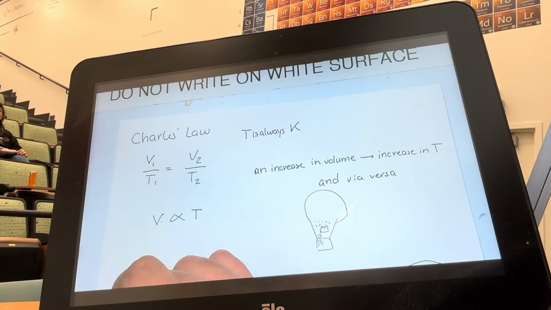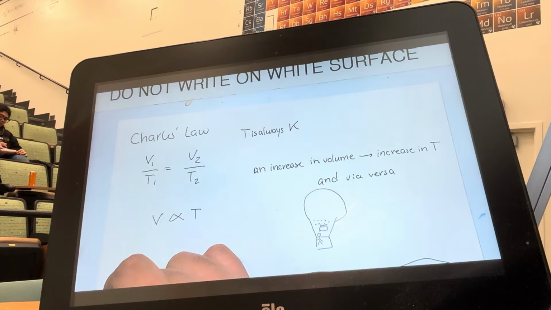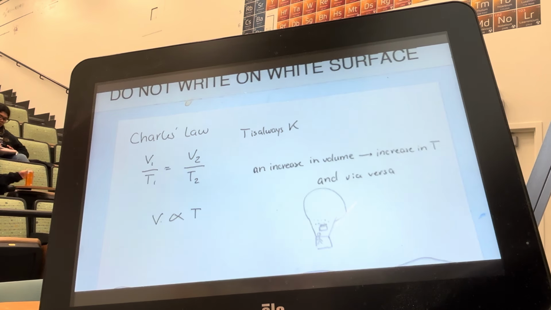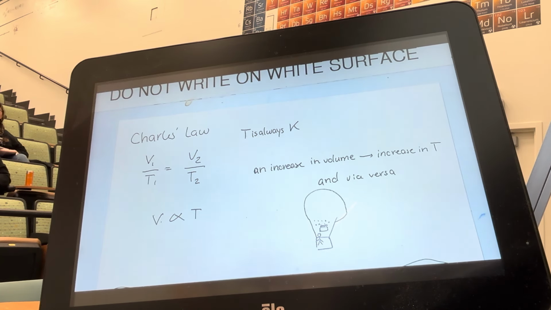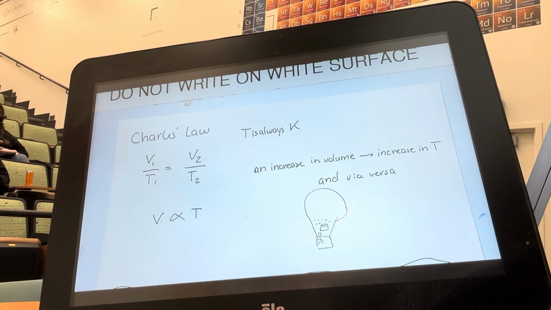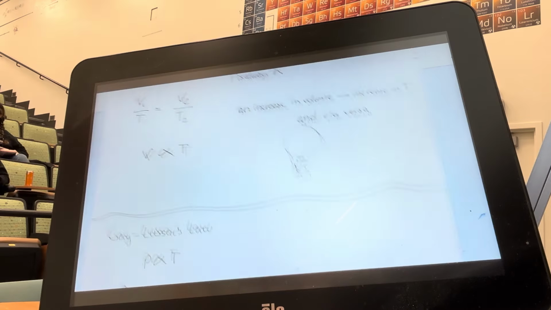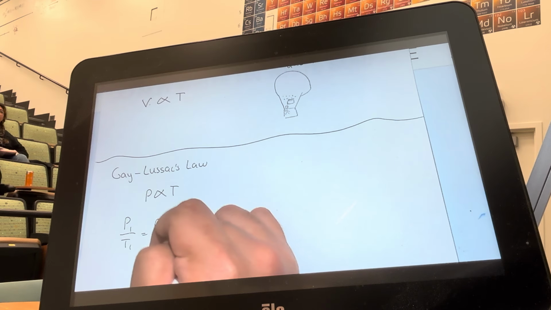And then after this gas law, there's another gas law. There's 4 of them. You have Gay-Lussac's law. This one says that the pressure of a gas is proportional to the temperature of a gas. Okay? And what that looks like is that P1 over T1 equals P2 over T2.